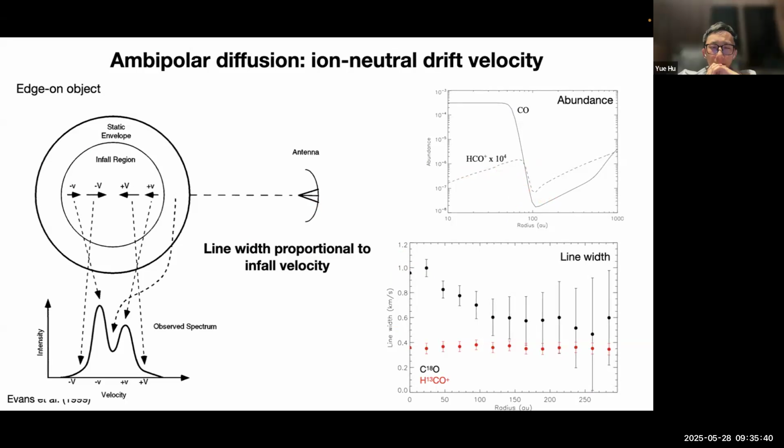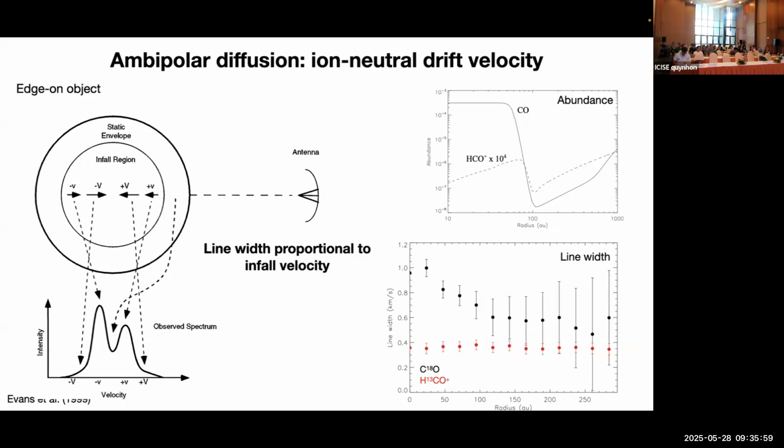Okay, so is this a universal conclusion, like HCO plus and C18O are tracing a similar region, or is that just for a particular source? I probably won't say it's universal, but I think it's probably valid in the envelope at a few hundred AU.